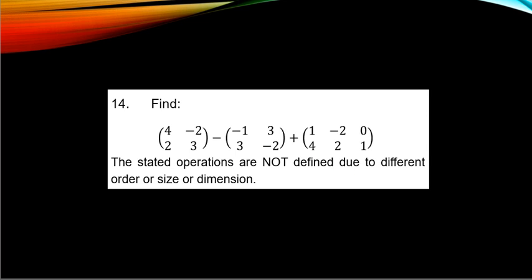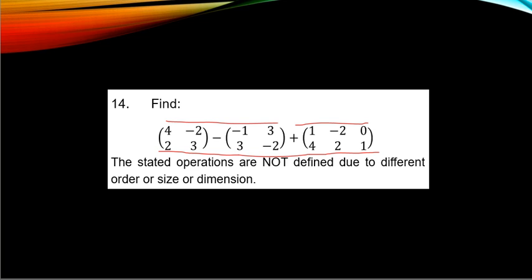Number 14, you should find the subtraction and addition of these matrices. If you check the condition for doing that, you will observe that you can subtract matrix 1 and 2 because they have the same dimension, but you cannot add the result to the third matrix because they have different dimensions.